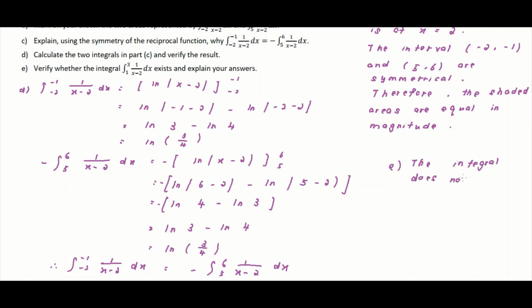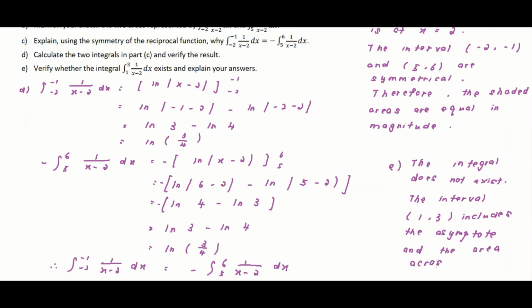Okay, so how do you actually explain this? The interval from 1 to 3 includes the asymptote and the area across the asymptote will be infinite.